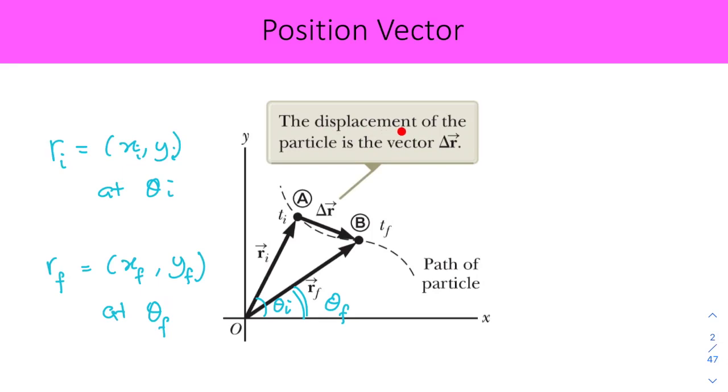The delta R from position A to position B is equivalent to R final minus R initial. As we know, when we use delta, it means final minus initial. So R at B, in other words, minus R at A. Whatever information is given to you, you have to make use of this.